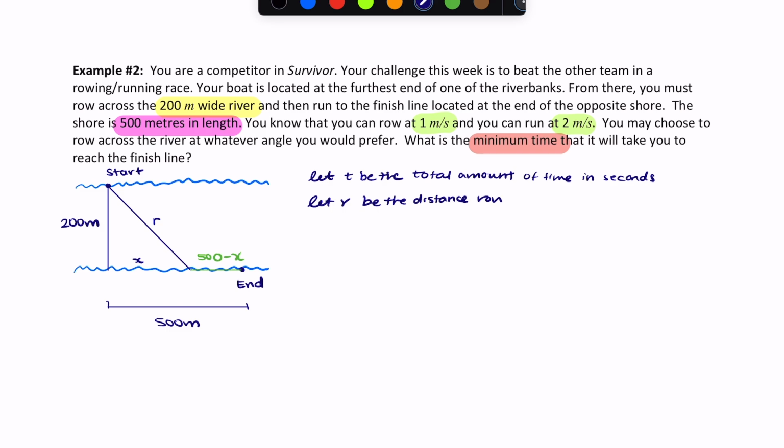We'll let r be the distance rowed in meters.